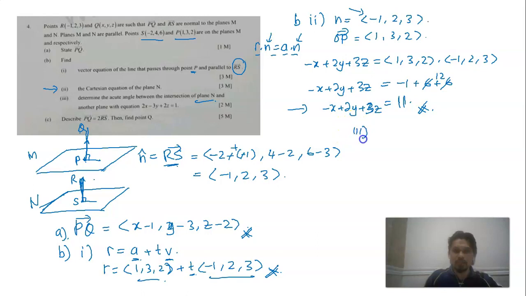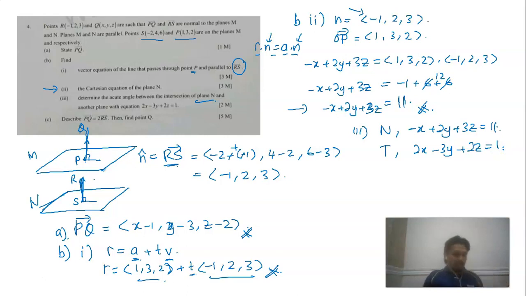So for question 3, we got plane N, which is negative x plus 2y plus 3z equal to 11, and then let's say plane T, 2x minus 3y plus 2z equal to 1. Okay, so we're going to find the acute angle between the planes.